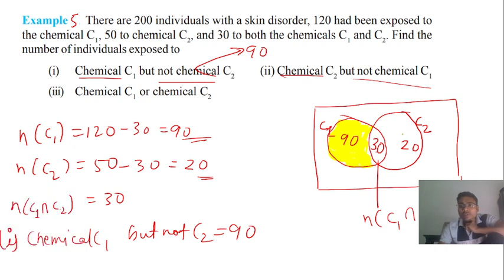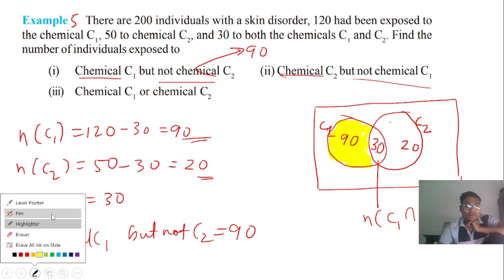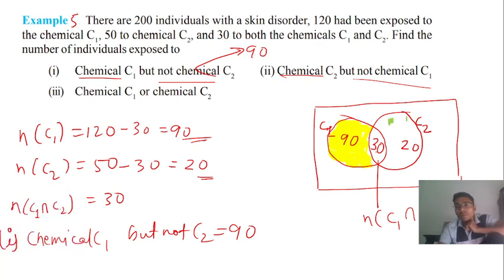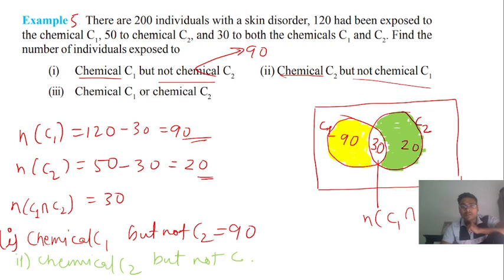This is the area of patients exposed to chemical 2 but not chemical 1, which is 20 patients.